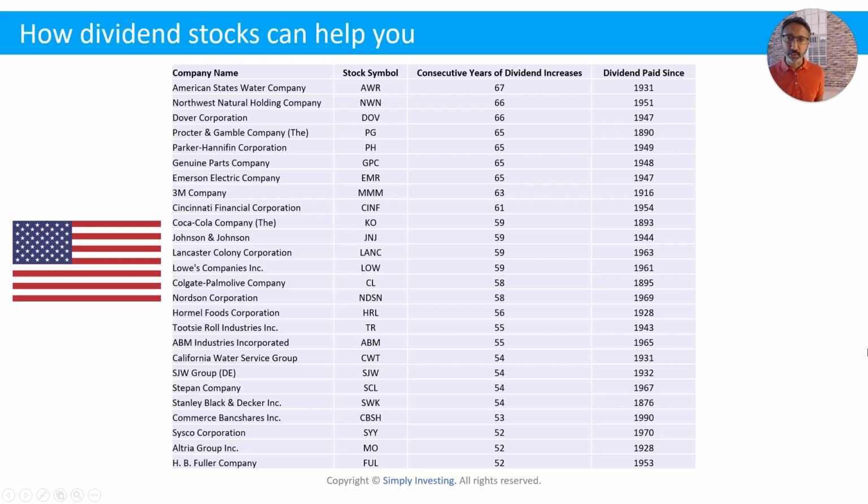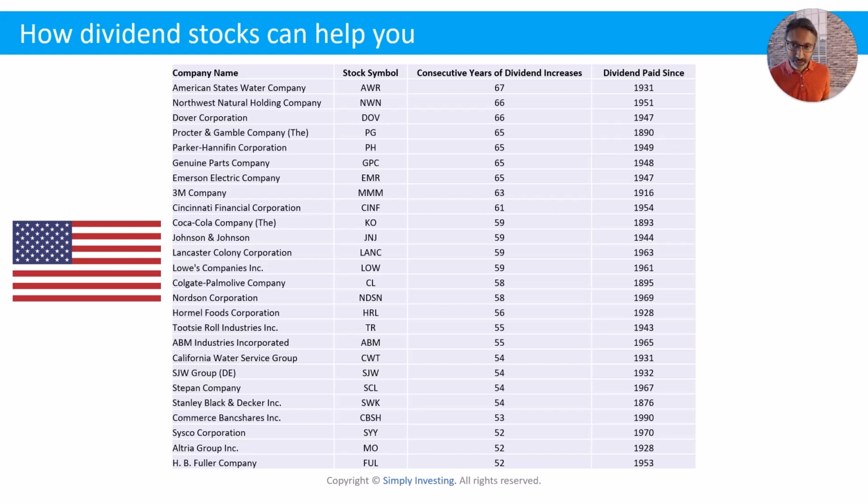Now, what we see here is, let's take a look at Coca-Cola. They have been consecutively increasing dividends for 59 years. So I'm going to say that again. For the last 59 years, Coca-Cola has increased their dividend every single year. Think about how many recessions we've had in the last 59 years, how many market crashes we've had in the last 59 years.